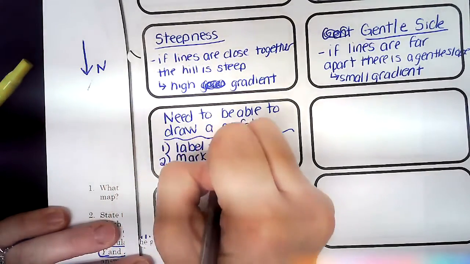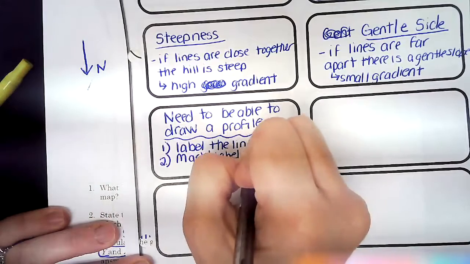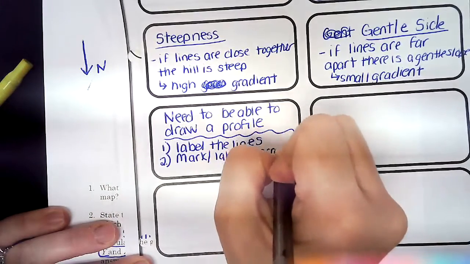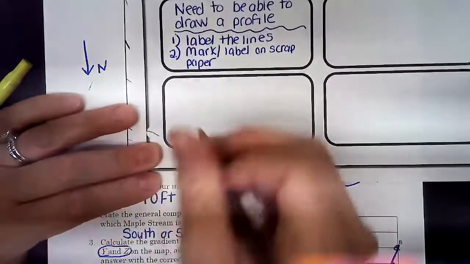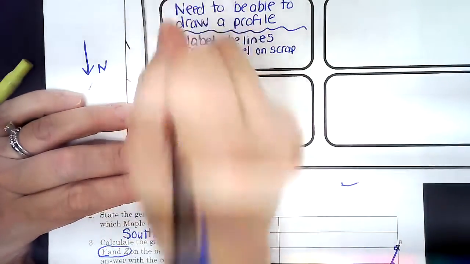Yep, mark and label on scrap paper. I'm gonna just go down here. So what's the third step?